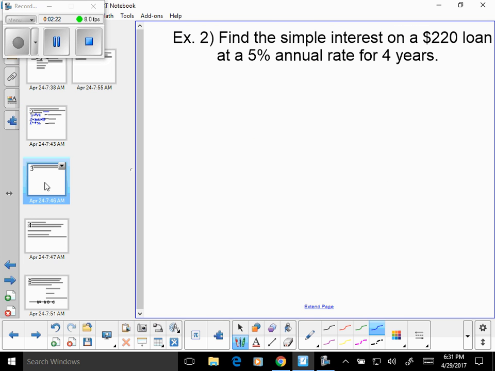At this point, please hit pause, and then I will show you how to do the problem. First of all, we want to write the formula. I equals PRT. We're finding the interest, so that will remain our variable. Our principal is $220.